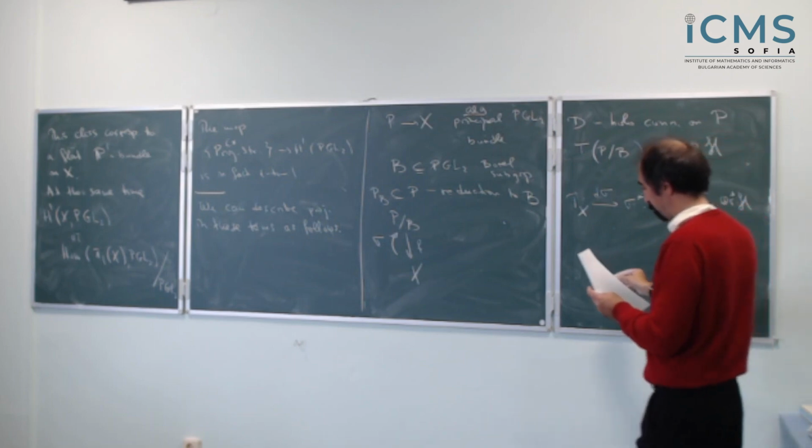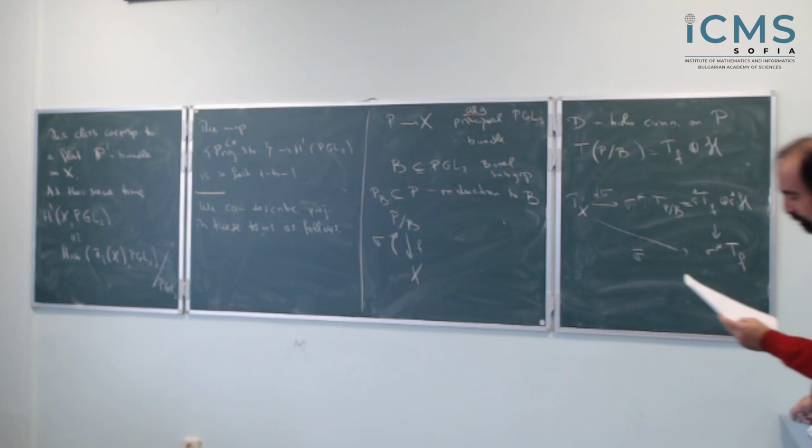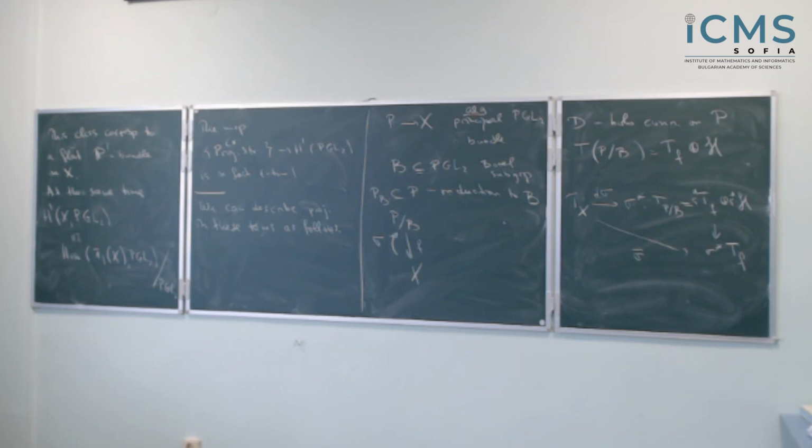I'll call this map sigma bar. We'll need to spell this out, I'm just leaving it up for next time. But this is essentially what is sometimes called the second fundamental form of the connection.